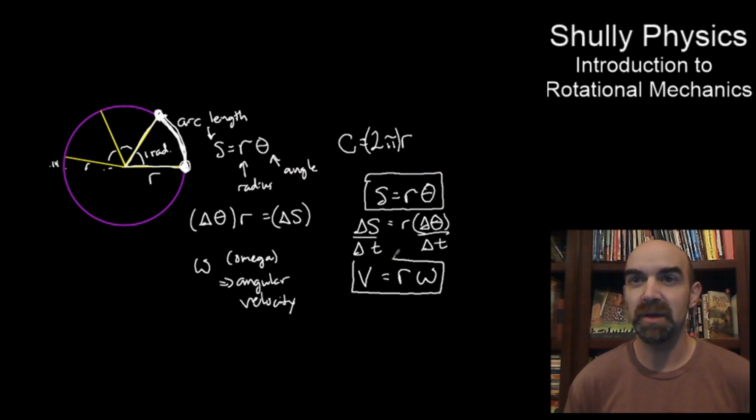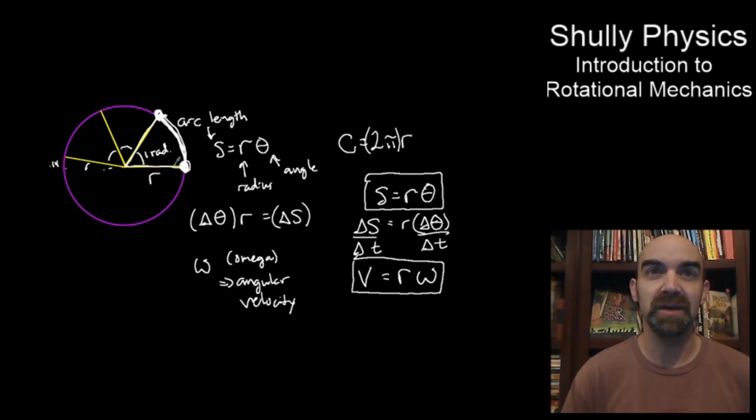And I did say I was going to talk about the direction now. Now if these do represent my hand and I rotate counterclockwise here, then the velocity is in this direction when my hands are at this point. But when they're in this position, the velocity is directed this way.